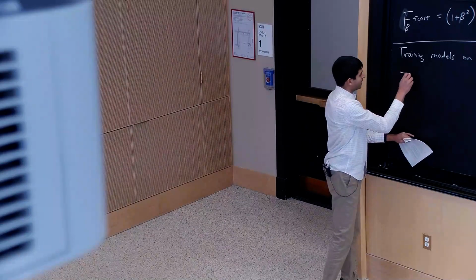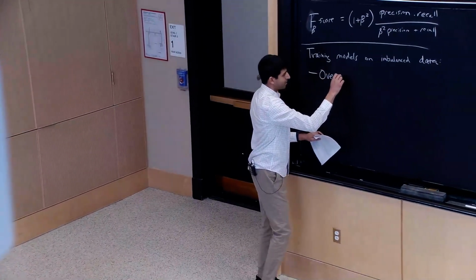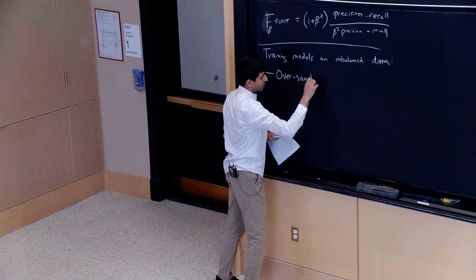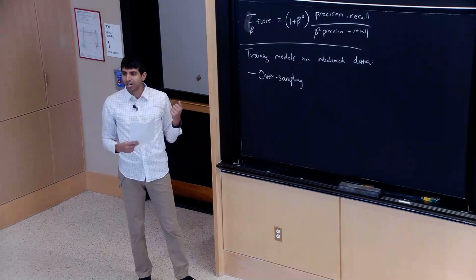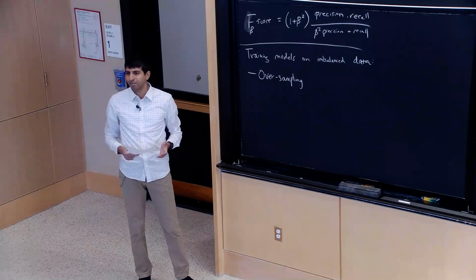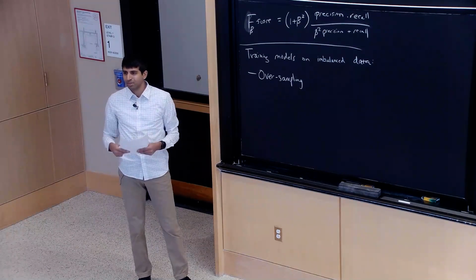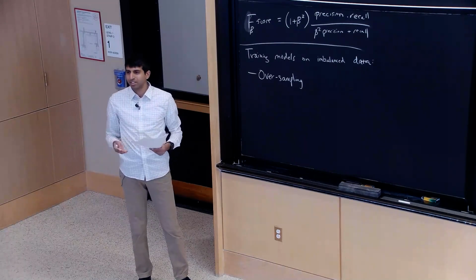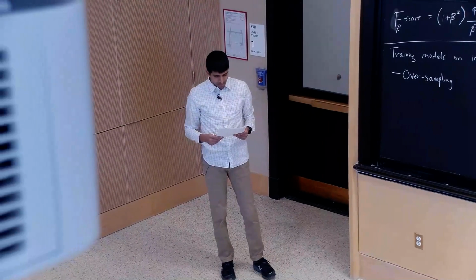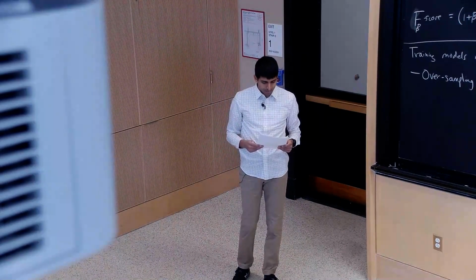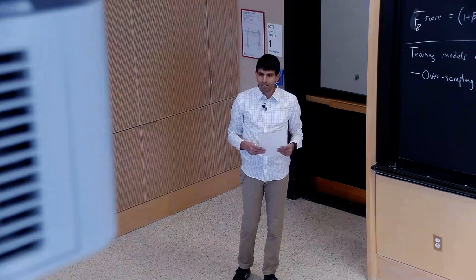One idea is oversampling. Just when training your model, make extra copies of the class that has fewer examples, so that there are more examples, and as a result your model is going to do a little better on predicting that class. Any other ideas?